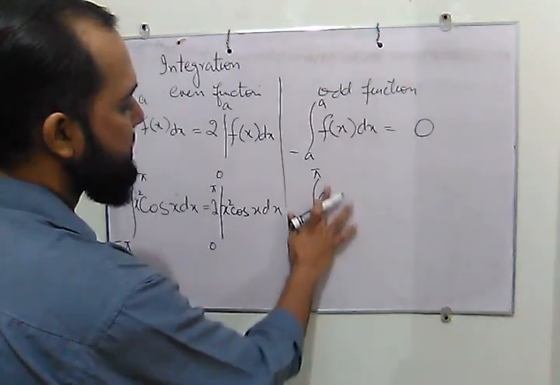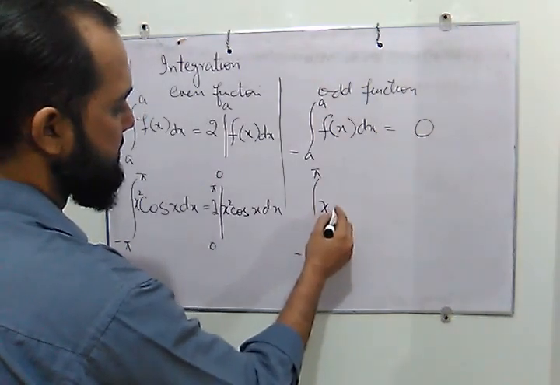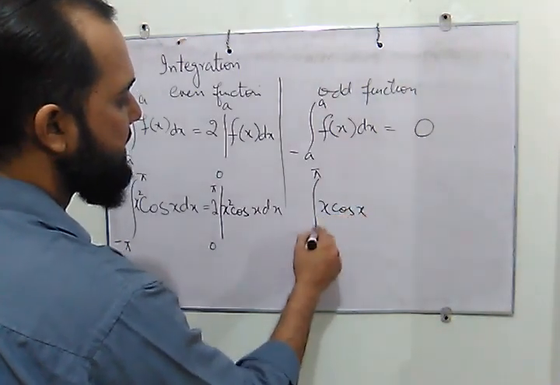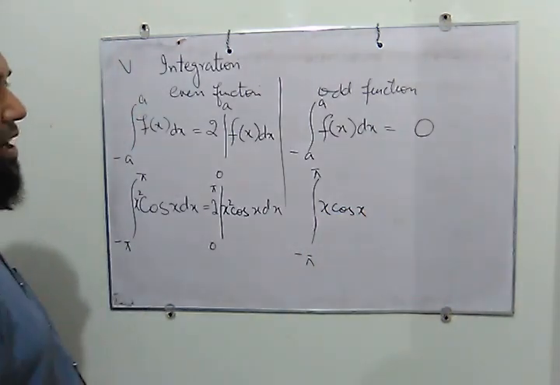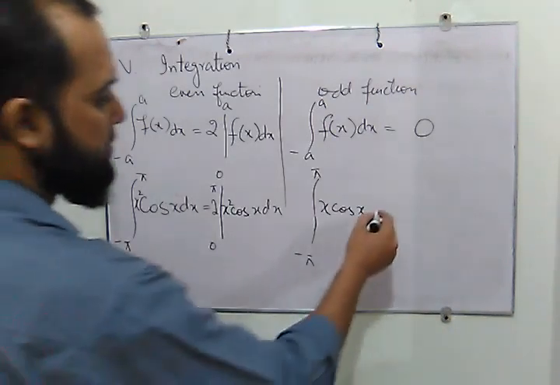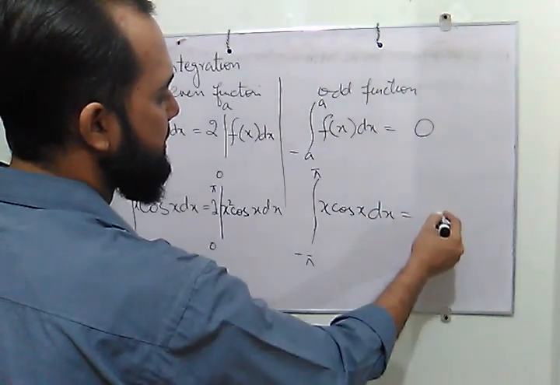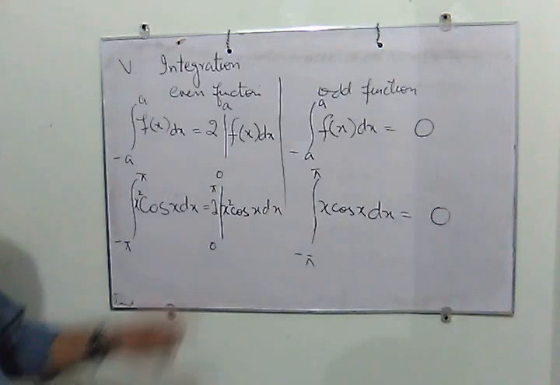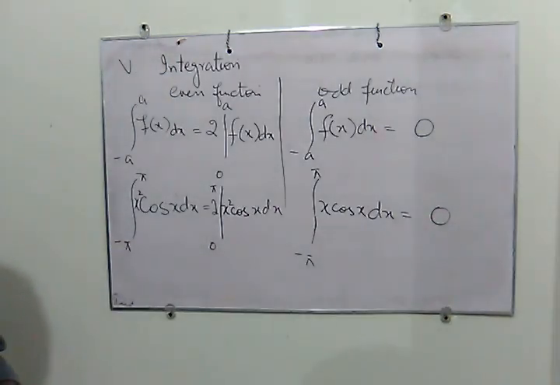And in that case we have x cos x. One is even, one is odd, and the product of an even and an odd function becomes an odd function, and if we integrate it, then we will have 0. You can find it by solving it.